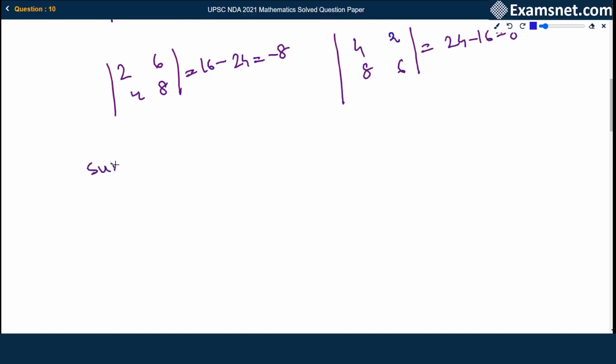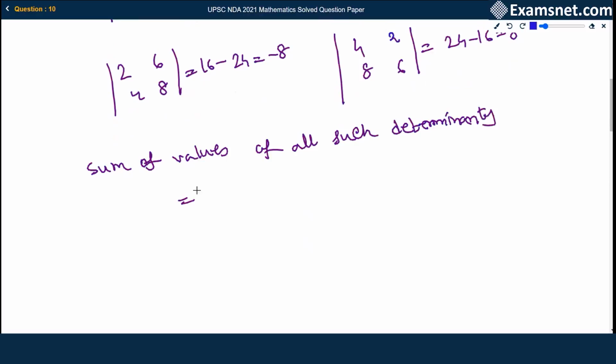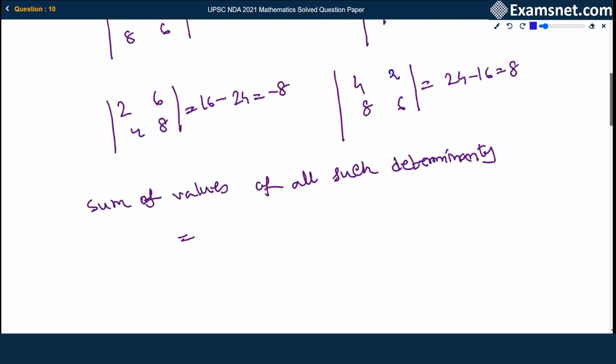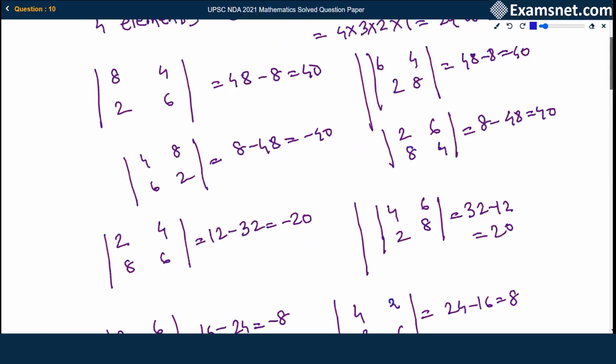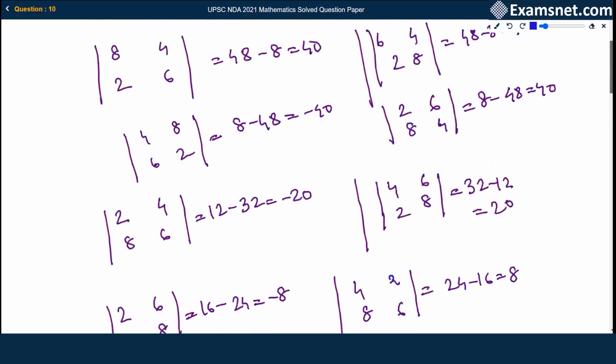So the sum of the values of all such determinants, let me check: 40 plus 40 minus 40. Here we will get another minus 40. I should write a minus here. Sorry, I made this mistake, I haven't written it before.